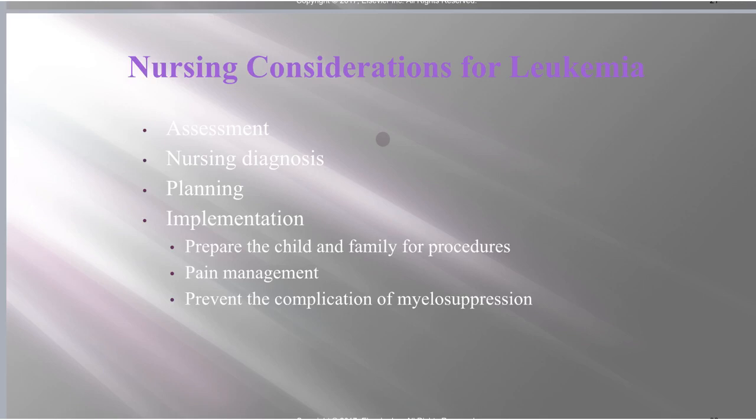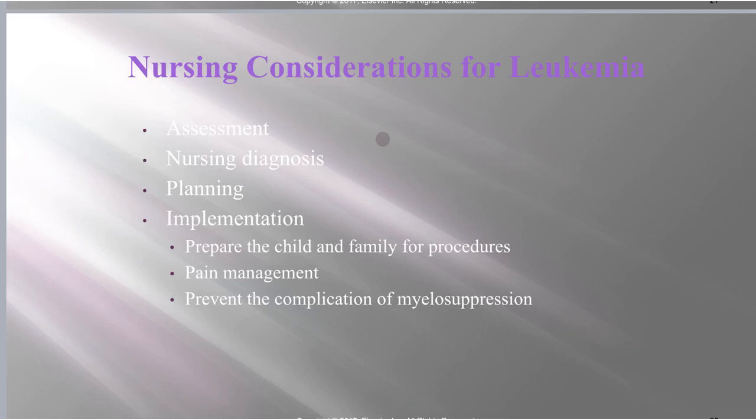Infection: signs of infection, colds, temperature, poor eating, loose stools, things like that. Nursing diagnoses, I'm sure we can come up with tons of things. Remember with leukemia, we want to prepare the child and the family for procedures, do a lot of pain management, and then prevent complications.